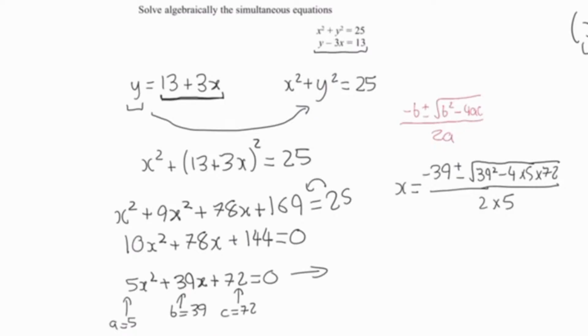So as you can see, this is quite annoying to find. We have 39 squared, which we're just going to find using long multiplication.